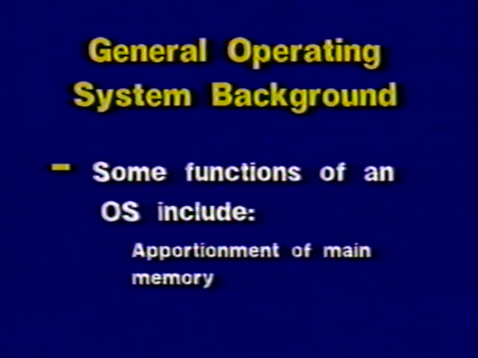The first one, and a very important one, is the apportionment of main memory. Remember, main memory is random access memory, and we buy computers with 4 megabytes, 8 megabytes, 16 megabytes, whatever our requirements deem necessary, and it's the function of the operating system to decide how that memory is split up between operating system software, applications, and other types of software, primarily called TSRs, which you might recall.